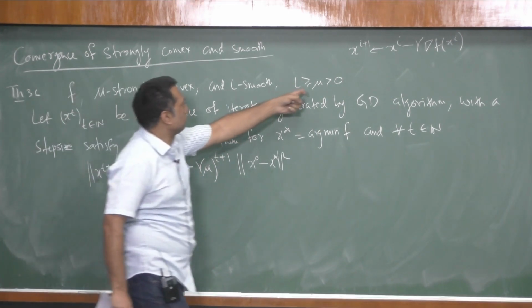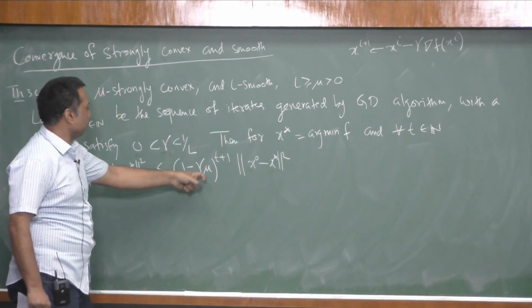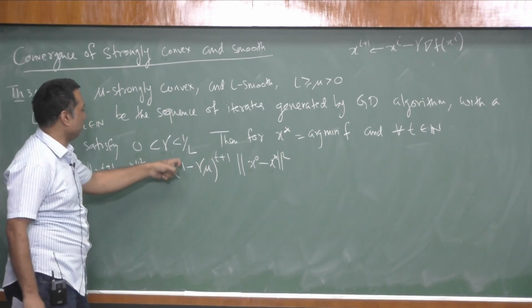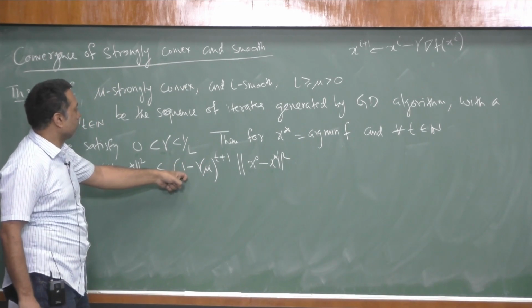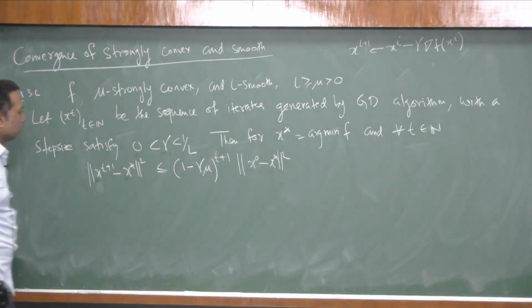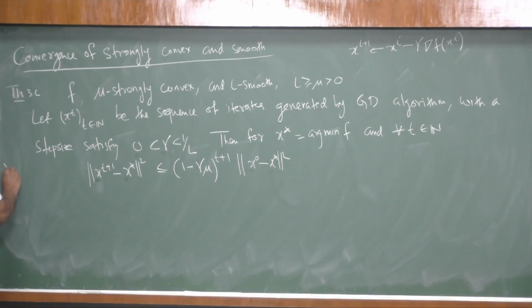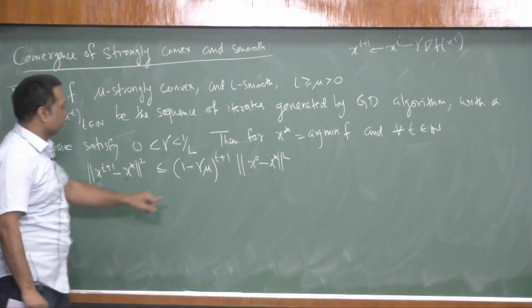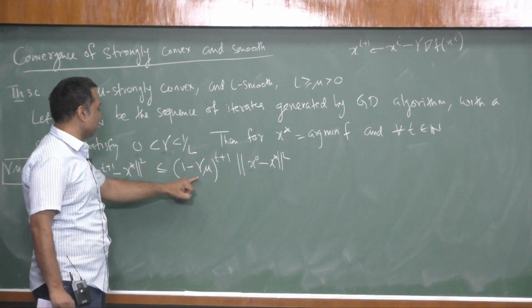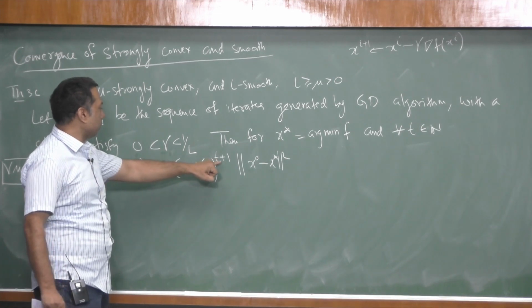Both gamma and mu are greater than 0, so from these inequalities gamma mu is in the interval 0, 1. So we have a number between 0 and 1 to the power t.